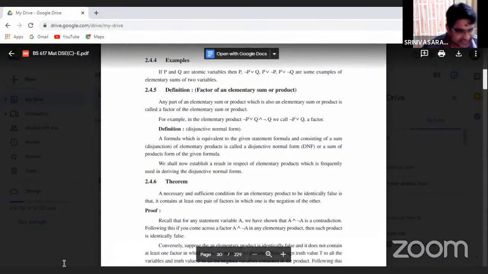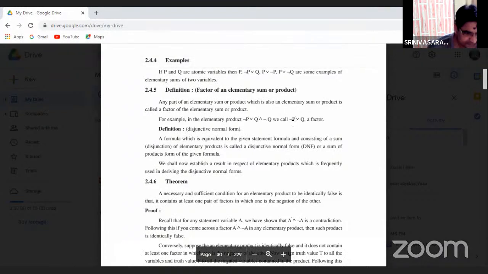Short notated as DNF. Explain: the negation P or Q factor means that the elementary product is negation P or Q and negation Q. This is the factor of negation P or Q.